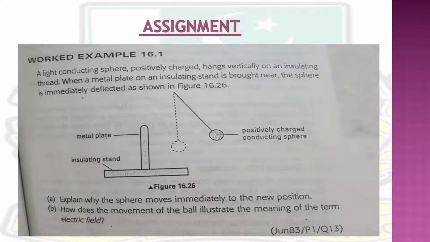When a metal plate on an insulating stand is brought near, the sphere is immediately deflected as shown in the figure below. Part A: explain why the sphere moves immediately to the new position. Part B: how does the movement of the ball illustrate the meaning of the term electric field?